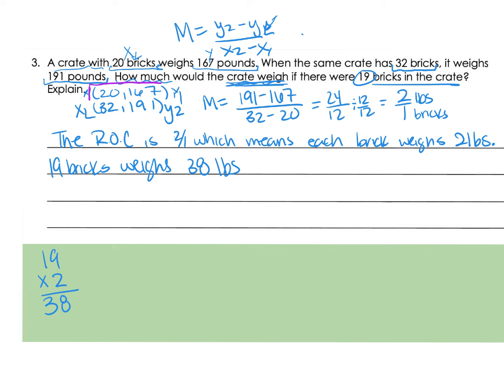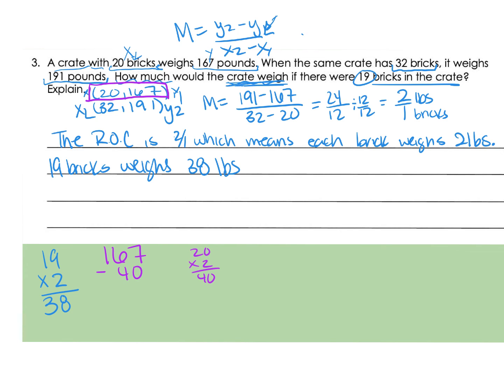I'm choosing this point. This point tells me that if I put 20 bricks in the crate, my total weight is 167. So I'm going to take 167 and subtract those 20 bricks. I'm going to take them out. Well, how much weight is 20 bricks? You can do it in your head, but I'm going to write it down. 20 times 2 is 40.